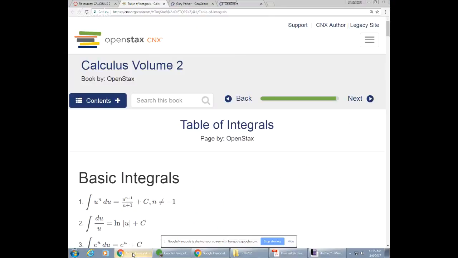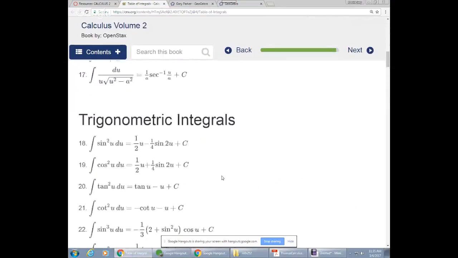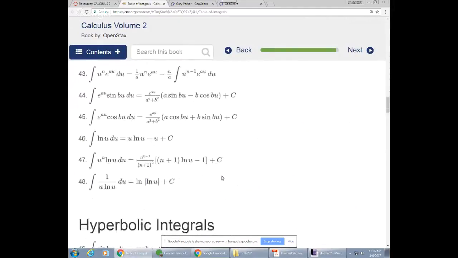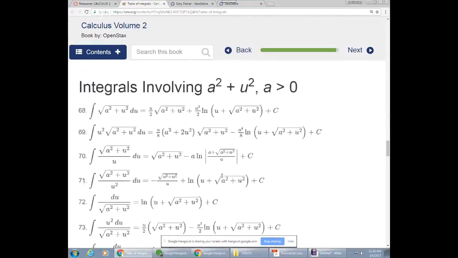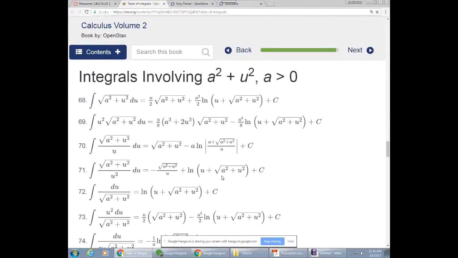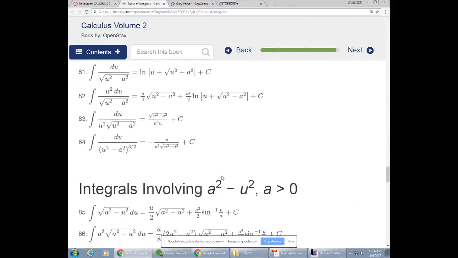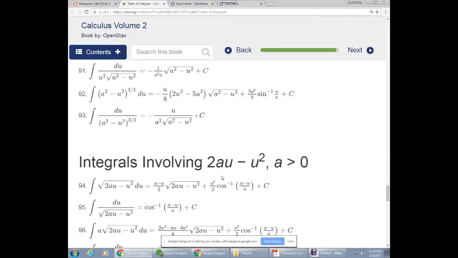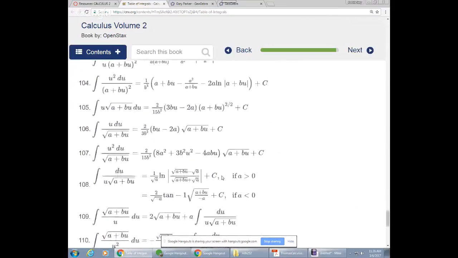Let's see what my online one has. Basic integrals, trigonometric integrals, exponential and logarithmic, hyperbolic, inverse trig, integrals of a squared plus x squared, integrals of x squared minus a squared, integrals of a squared minus x squared. Let's see, linear integrals.